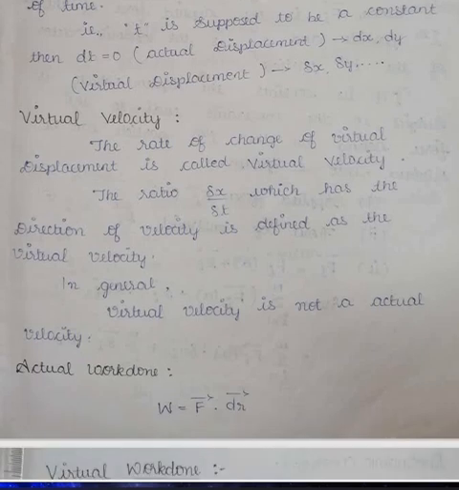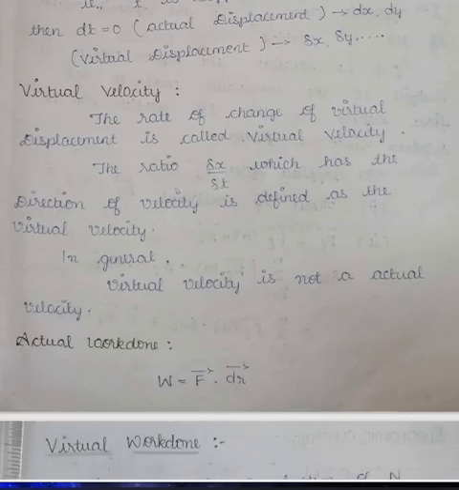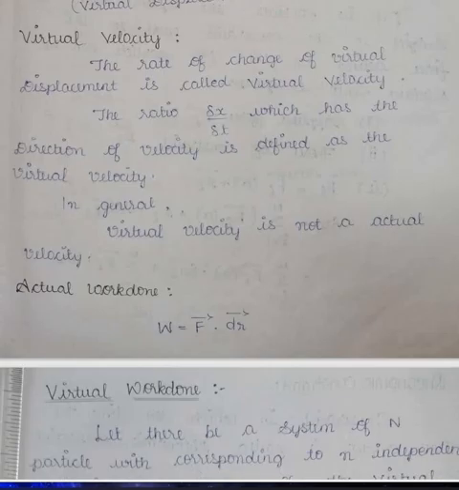The rate of change of virtual displacement is called virtual velocity. The ratio del x divided by del t, which has the direction of velocity, is defined as virtual velocity. In general, virtual velocity is not actual velocity. Actual work done W equals F dot dr.